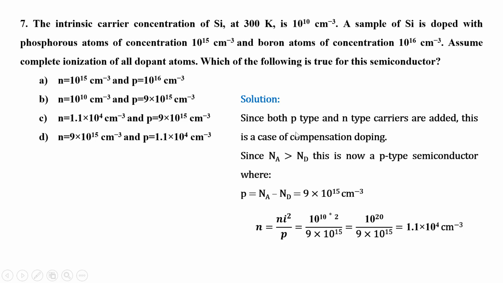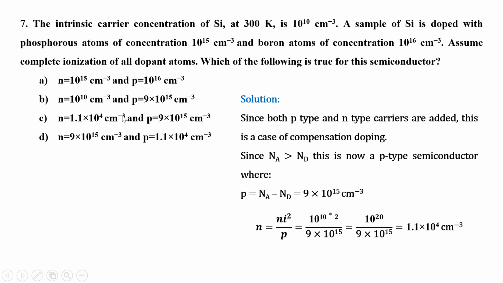The excess of p carriers is given by Na minus Nd, that is 9 into 10 power 15. So with 9 into 10 power 15, we have two options here, B or C. Now we have to find out the value of n. From the relation Ni square is equal to n into p, Ni square is initially given to you, and the p value we have just found out. From these two, we can find the value of n as 1.1 into 10 power 4.